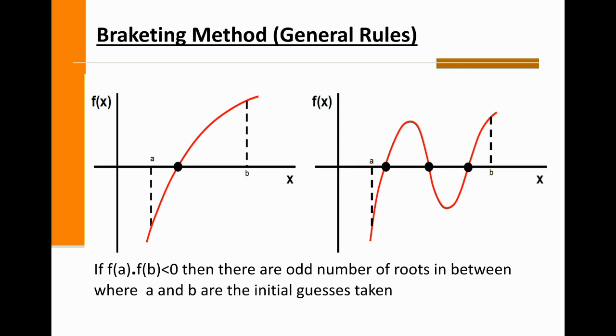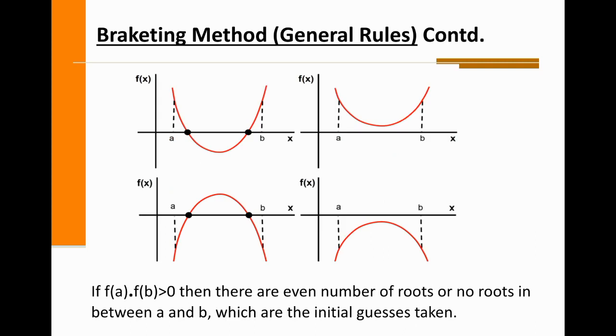We can make a general rule: if at a the function is negative and at b the function is positive, then definitely the number of roots will be odd. That is to say, the function may have one root or it may have an odd number of roots.